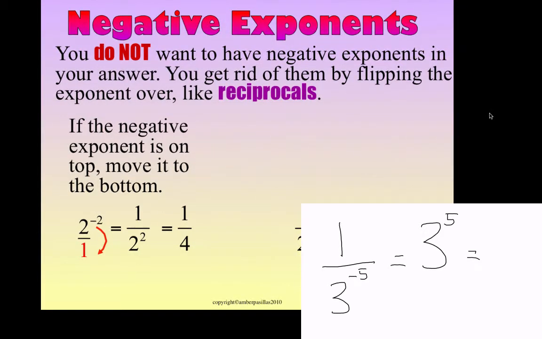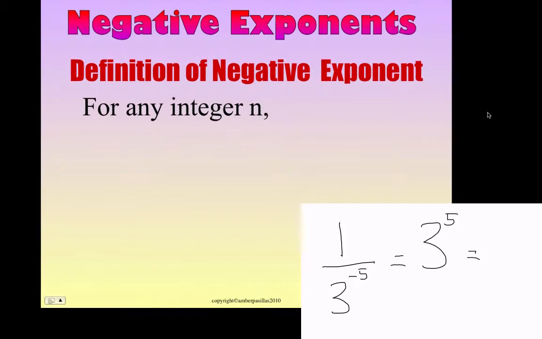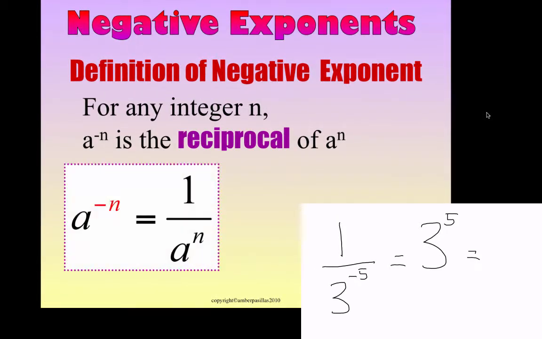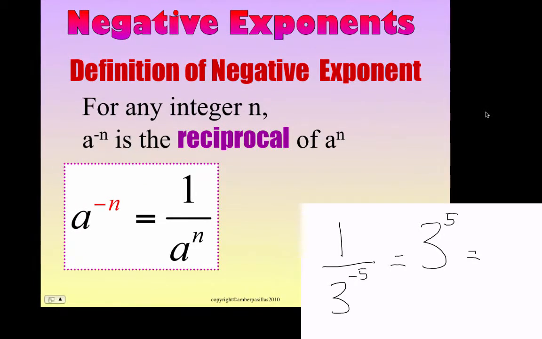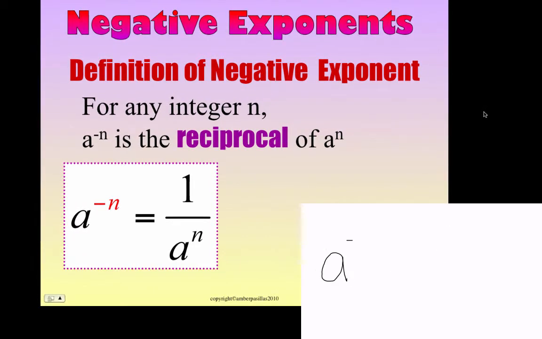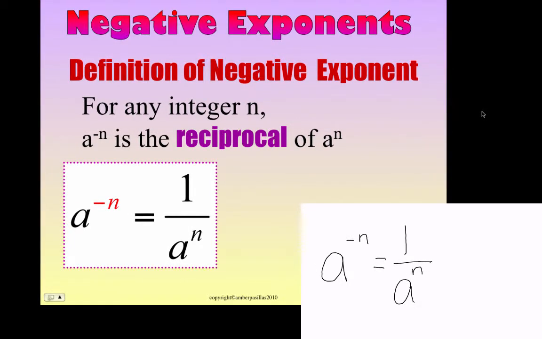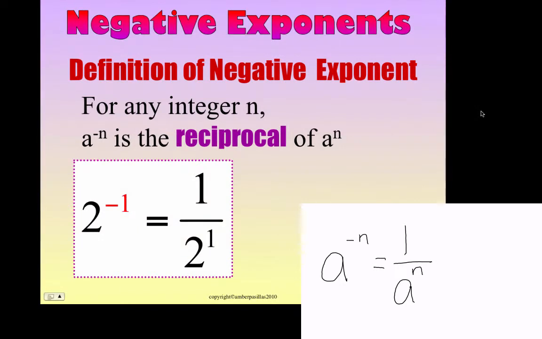So this is what we just talked about. Definition of negative exponents. So this is the part that we will eventually write in our notes, which may or may not be helpful to some of you. But any number, that's what a is, to the negative n means we flip it and put it under a 1. And it works the other direction.